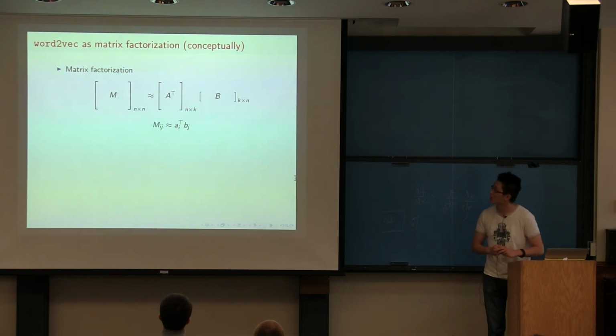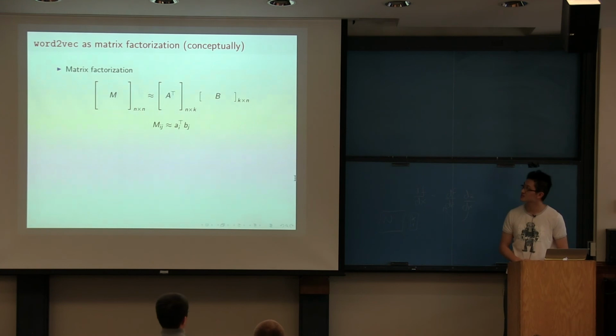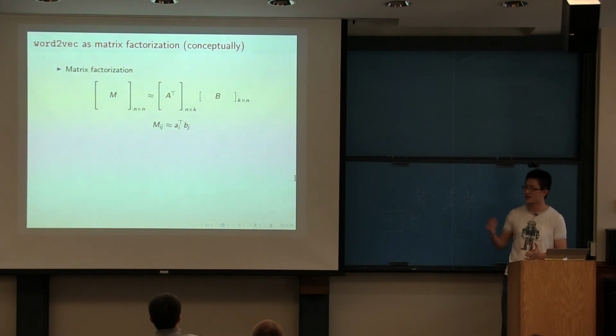Remember, when we want to factorize an n by n matrix into low-rank factors, each element in the original matrix can be rewritten as the inner product of a row in the left matrix and a column in the right matrix. That makes sense?